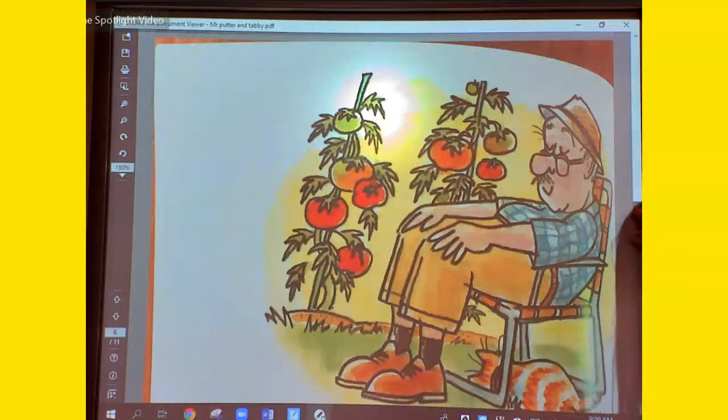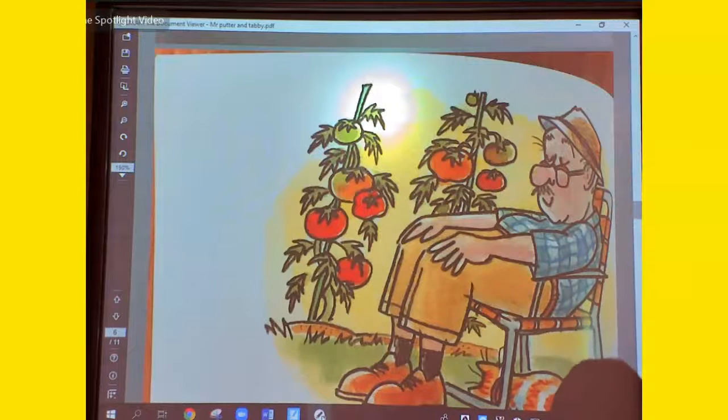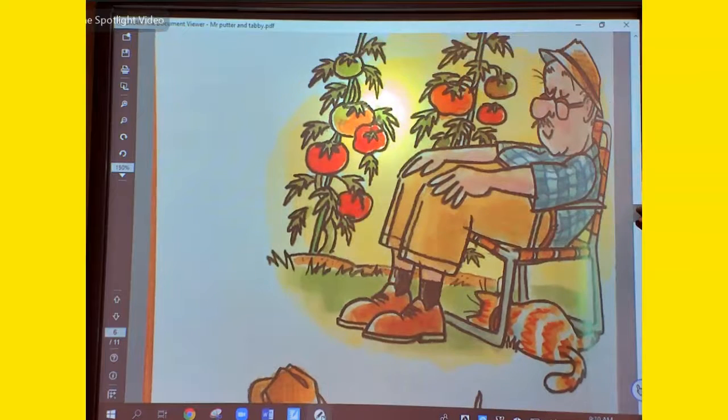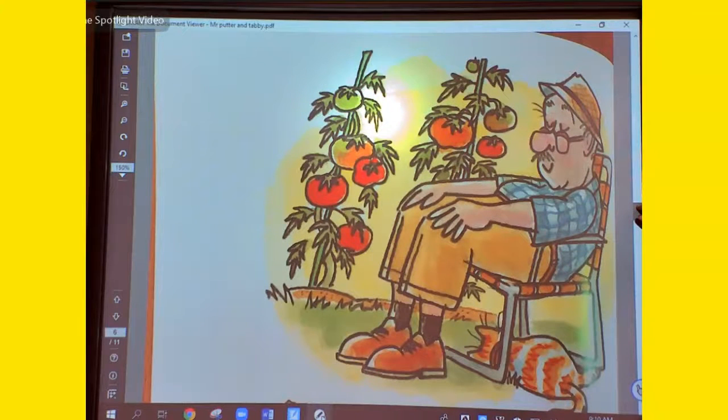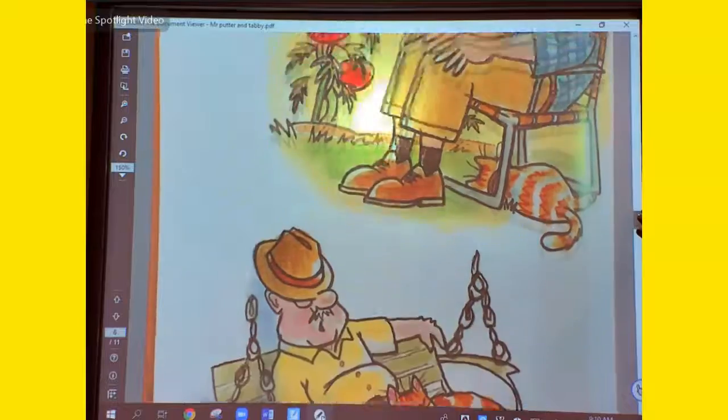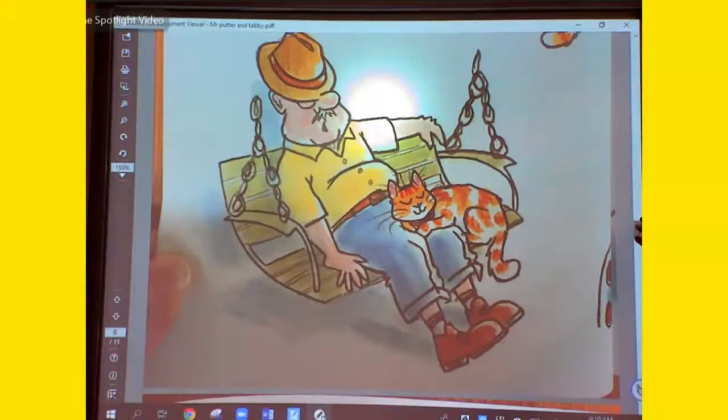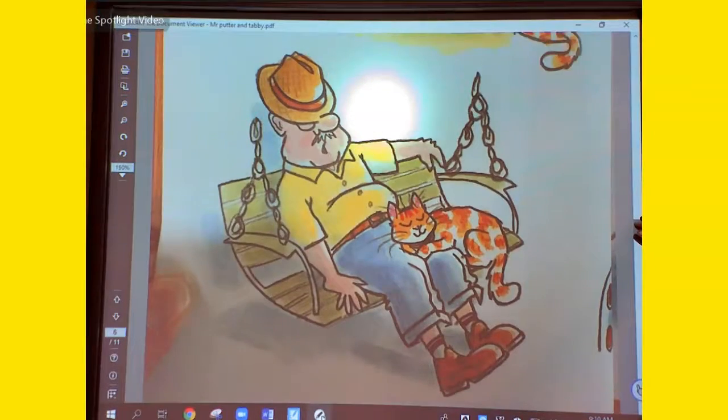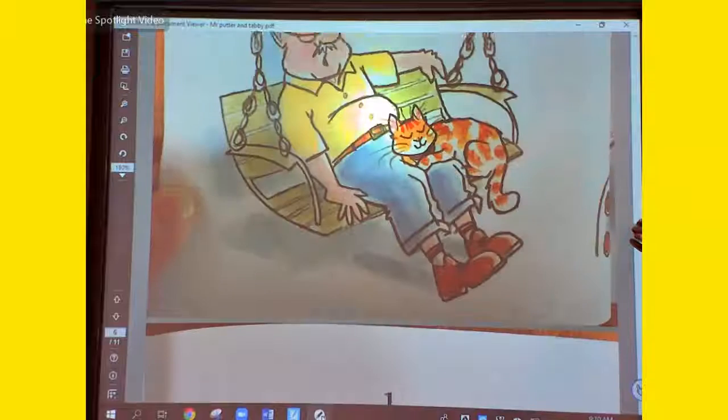And we're really going to see if we can identify the main character and then any other characters, and then we're going to start describing them. So I want you to look at this picture. It looks like they might be best friends. They're doing everything together.